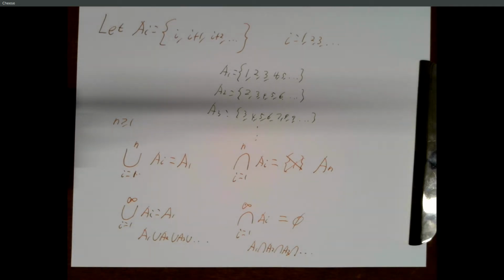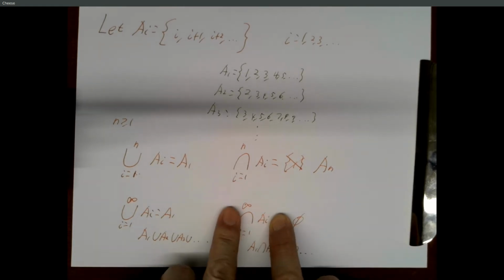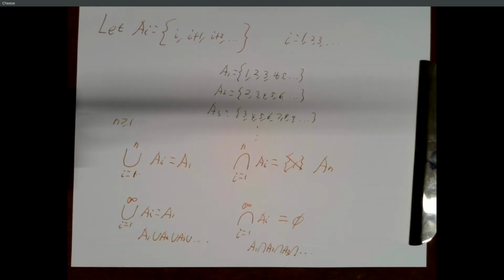So why the empty set? Because for every next i you go to, there's another number that isn't within the set. There's always another number not within the set. If you pick any integer and you say, I think that integer belongs to this, I think the number 17 belongs to this, all you've got to do is look at the fact that 17 would also have to belong to A18. And it doesn't, because A18 starts from 18 and goes up.